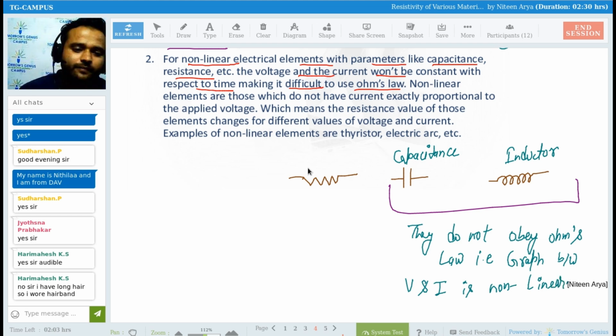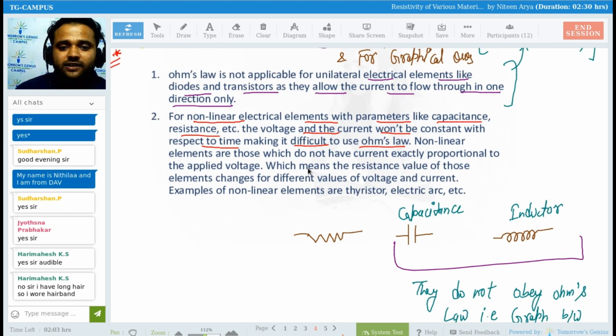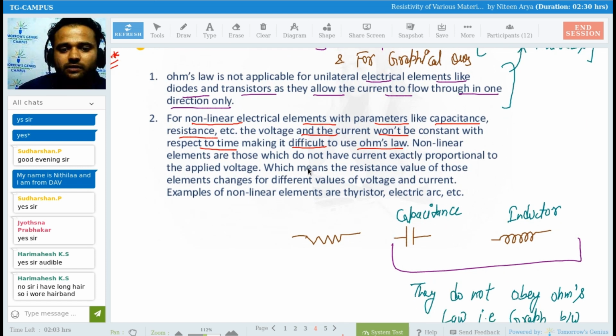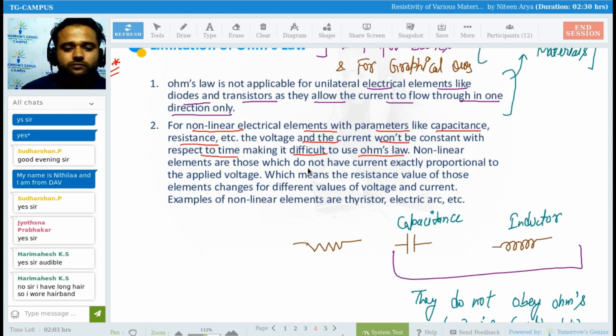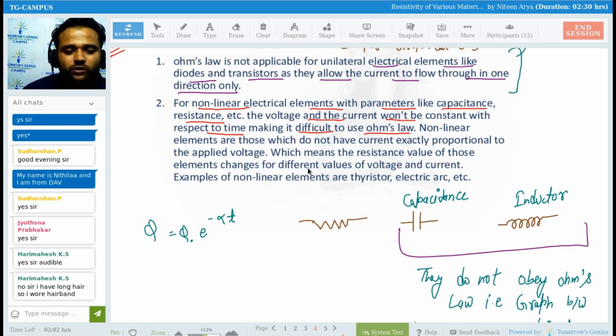Is it clear? Okay, so that is why this is written over here. Like in respect to time, there is a proper relation, like for capacitance, Q equals Q naught e to the power alpha t. Okay, so this is exponentially proportional. So obviously, if I differentiate with time, I becomes I naught e to the power minus alpha t.